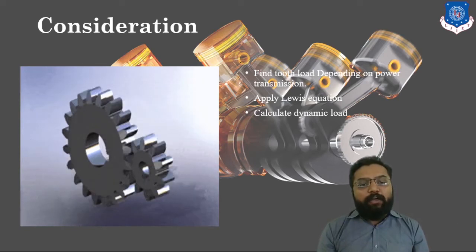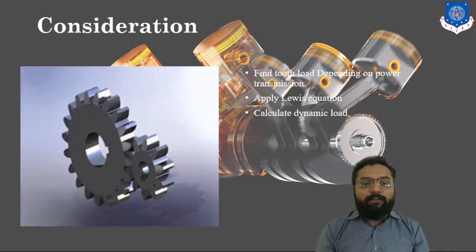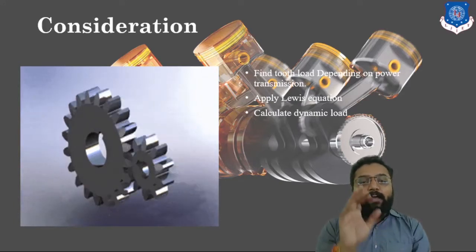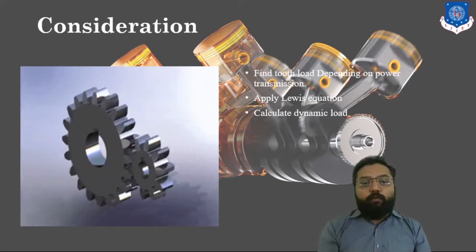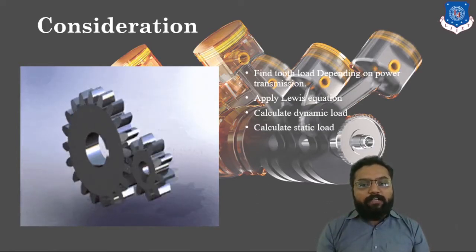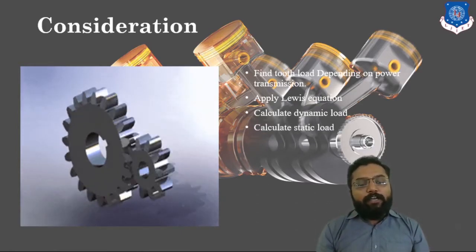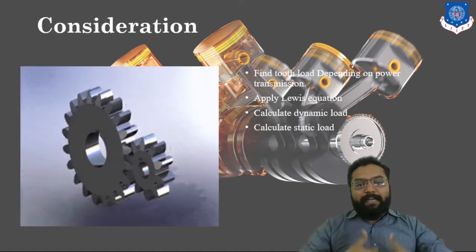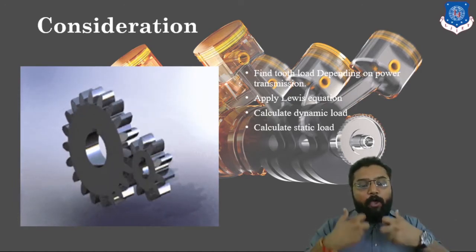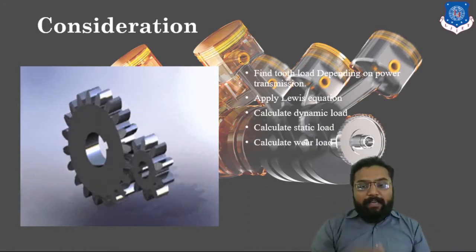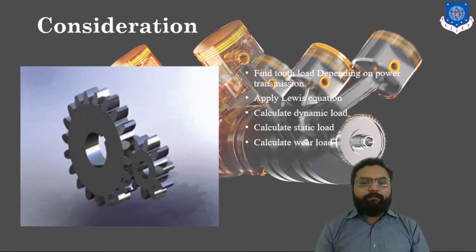This dynamic load is the summation of the static load, or you can say thrust load, and the load developed due to the velocity of your gear. Then after, we will calculate the static load. Static load is nothing but when your gears are in contact with each other, they develop or try to press against each other, and ultimately we calculate the wear.